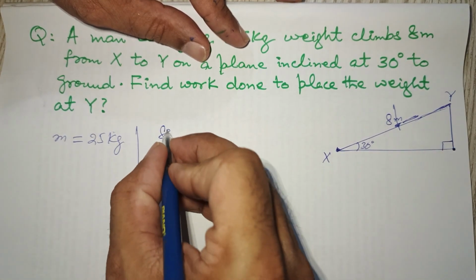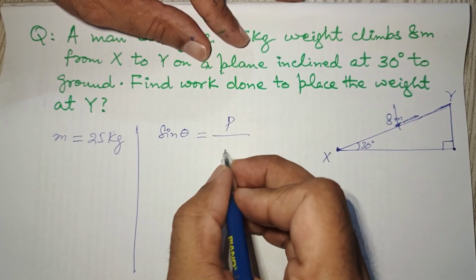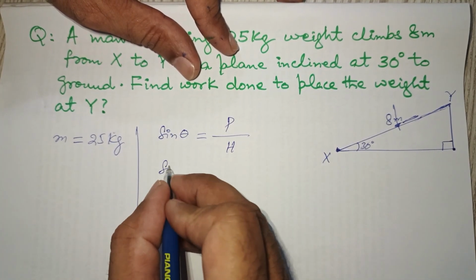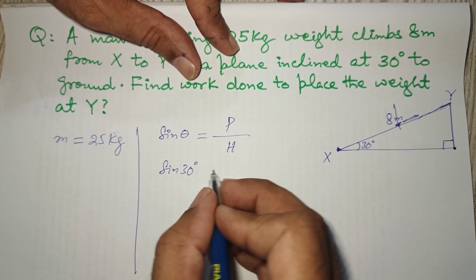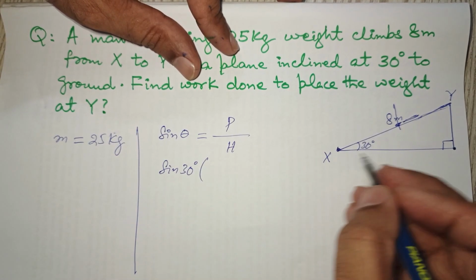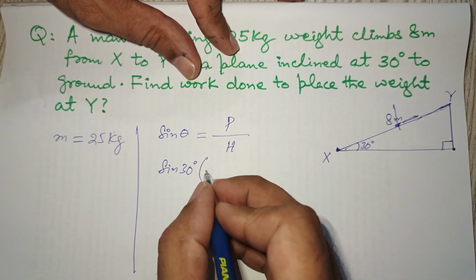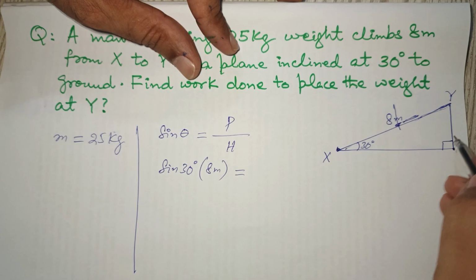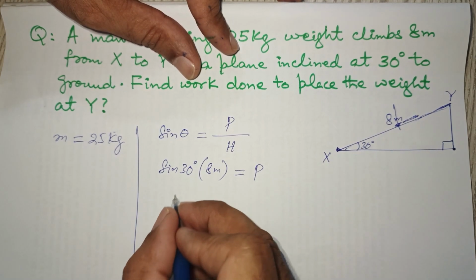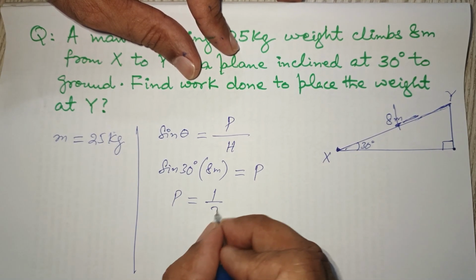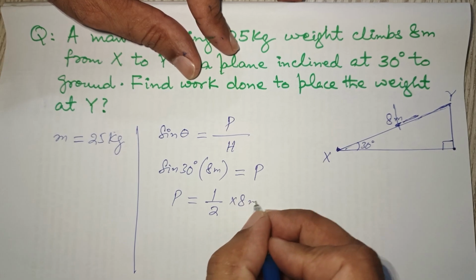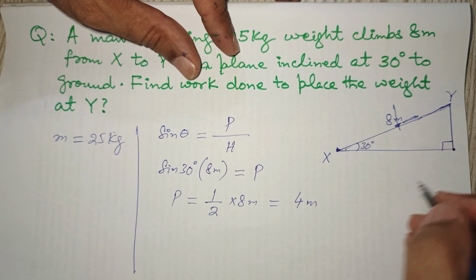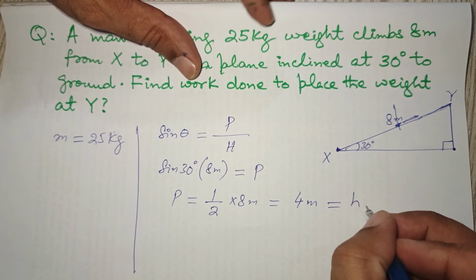We know that sine theta equals to perpendicular over hypotenuse. So in this case sine 30 degree, hypotenuse is how much? This one hypotenuse, X to Y. This is 8 meter equals to P, and P is this perpendicular. So P is sine 30 degree is 1 upon 2 into 8 meter equals to 4 meter. This is the height.